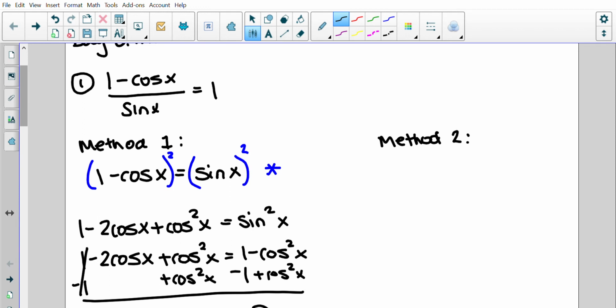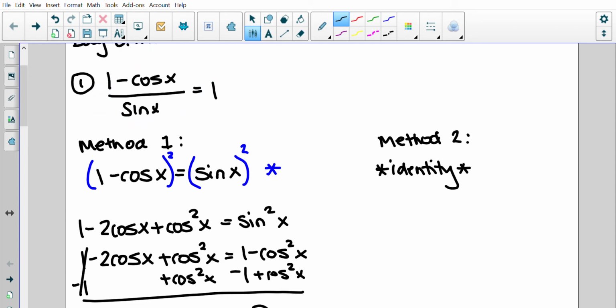But if you look at the original problem a little bit more closely, another thing you guys may have noticed about 1 minus cosine x over sine x is that actually one of our identities from Unit 12 applies, right? If you notice, this is one of the half angle identities for tangent.